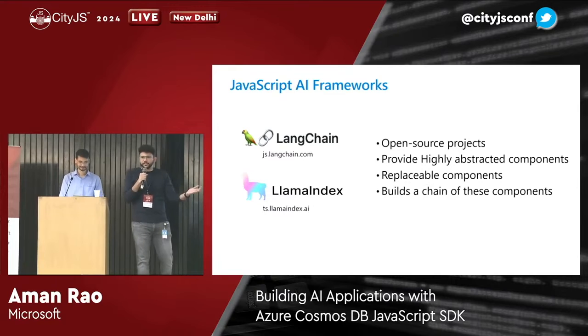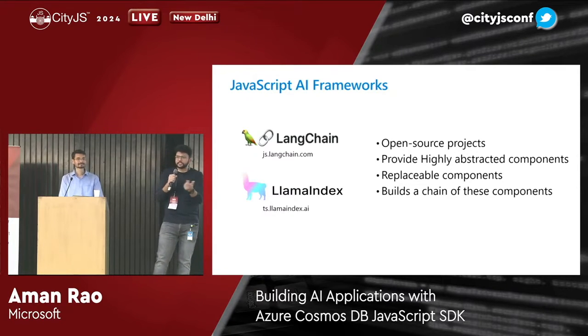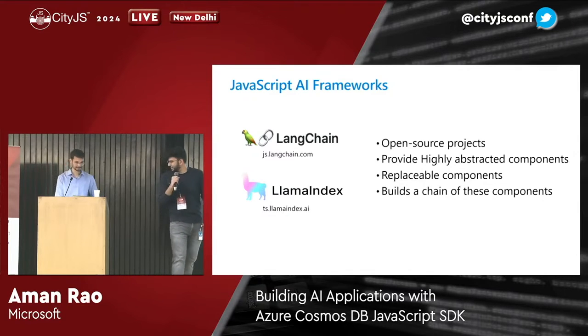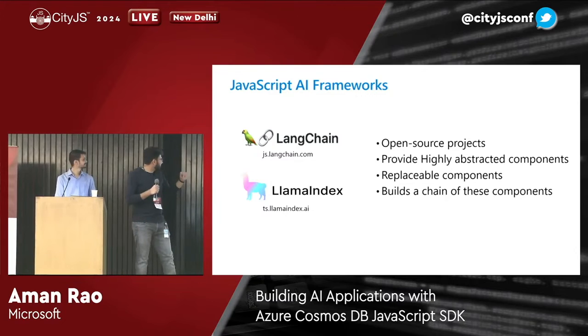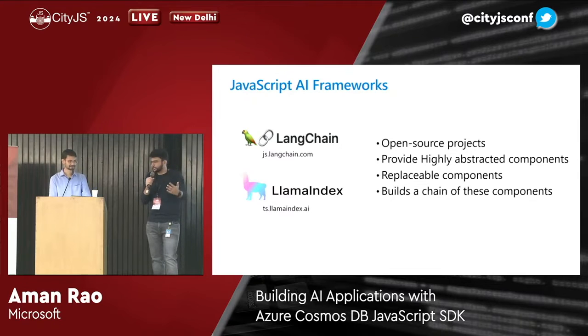If you don't like one vector store or one chat model, you can simply swap it with another one, and it's just a one-line code change. We'll shortly see that in the code, in the demo. And as I already talked about, you build a chain of these components.